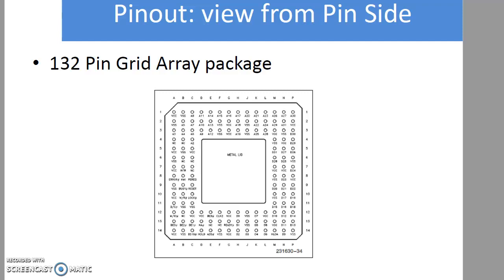So there are 132 pins in 80386. Out of that, 32 pins are for address bus, 32 pins are for data bus. Then you have ready bar, NA bar, BS16 bar, various pins on which the different signals are given in 80386DX that we are going to discuss in this session.